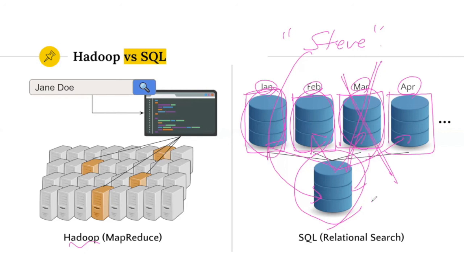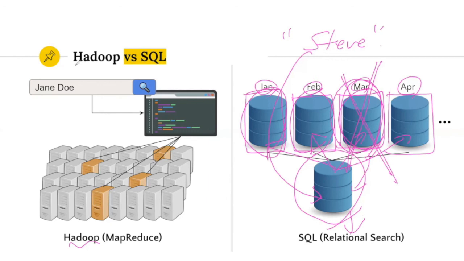So in the case of SQL, it waits forever until it receives the information from the March server. And then after a certain period of time, if it still doesn't receive anything from the March server, it's going to return an error to the user. So that's a SQL relational search procedure.